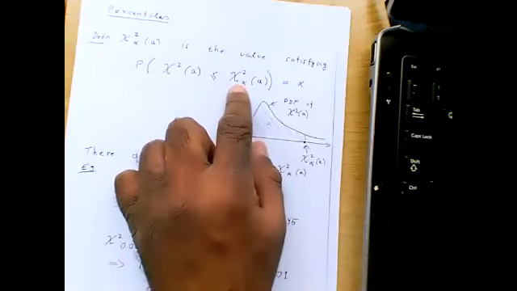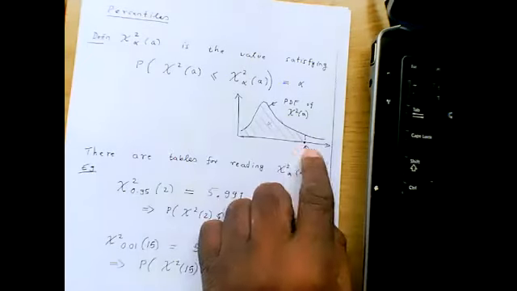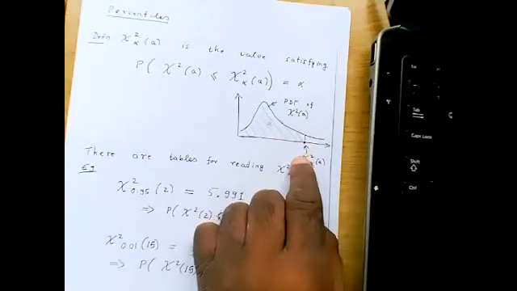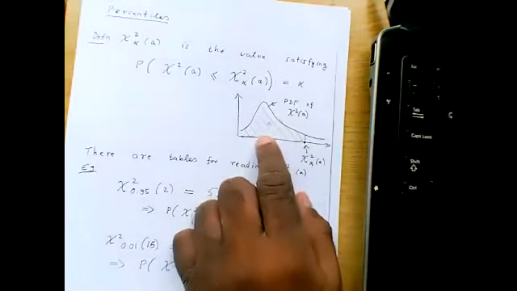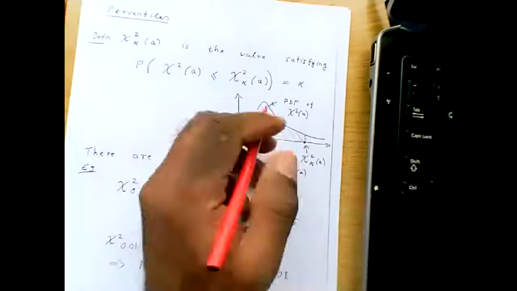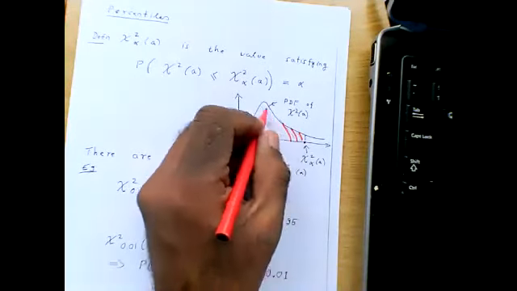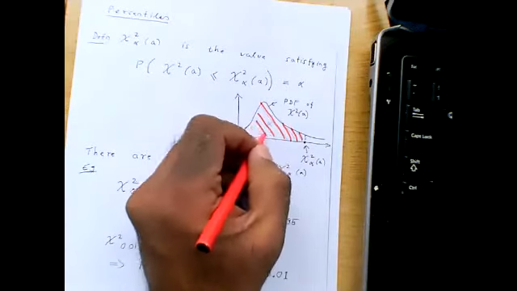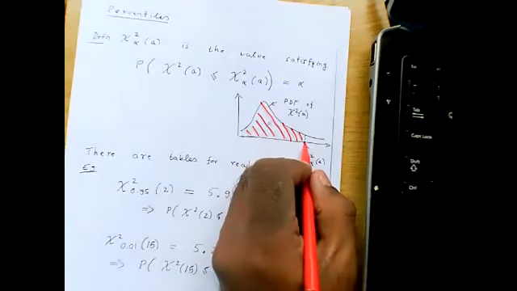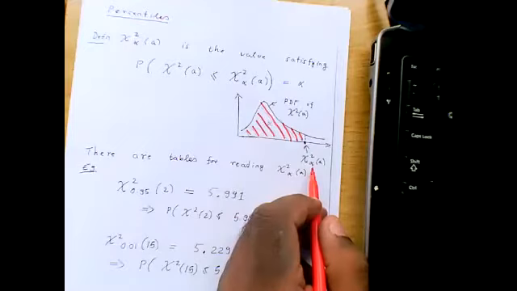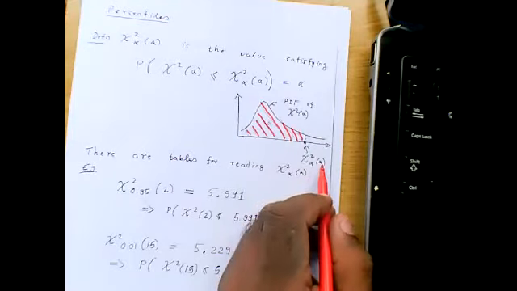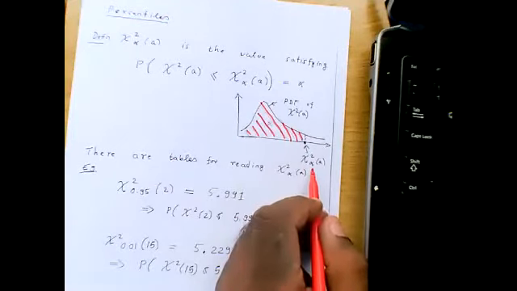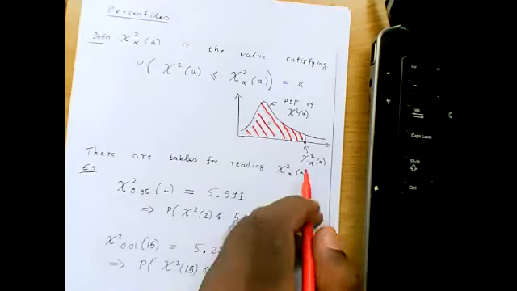It is the point on the x-axis of the density function so that the area to the left of it is alpha. This area here is equal to alpha, and this point is known as the percentile of chi-squared with a degrees of freedom corresponding to an area of alpha.